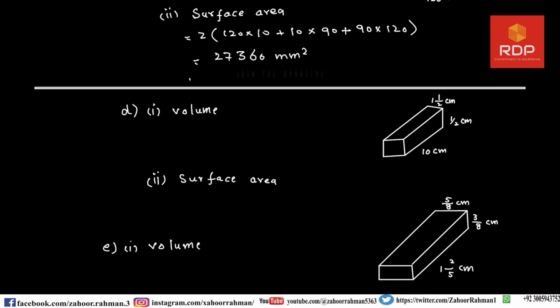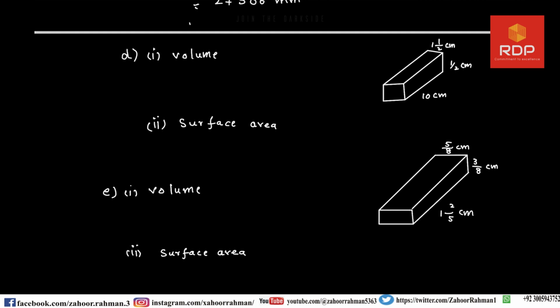In the D part, they have given us this figure. So volume is equal to 10 into 1 over 2 into 1 whole 1 over 2. So we are getting the answer because 2 ones are 2, 2 fives are 10, and 5 multiplied by 2 ones are 2, 3 over 2.